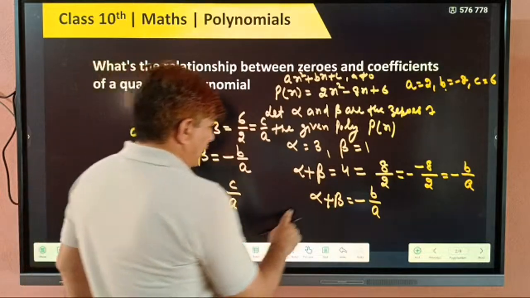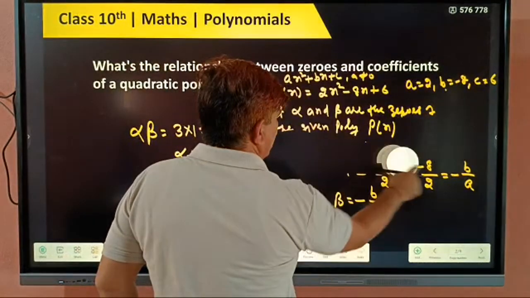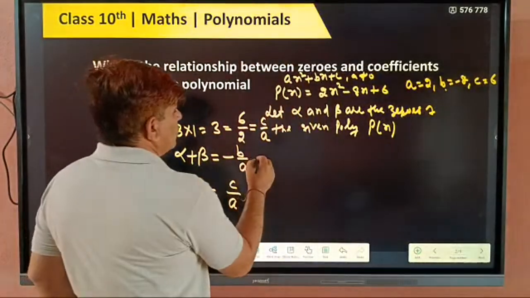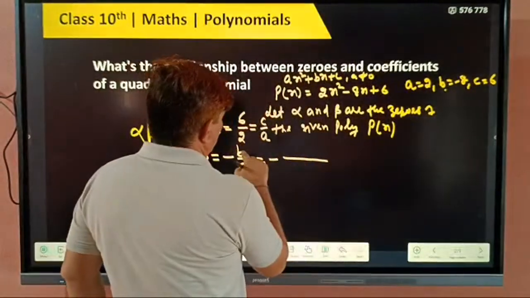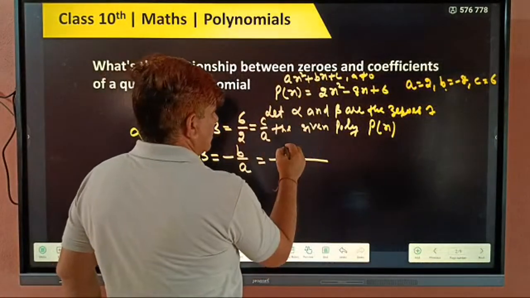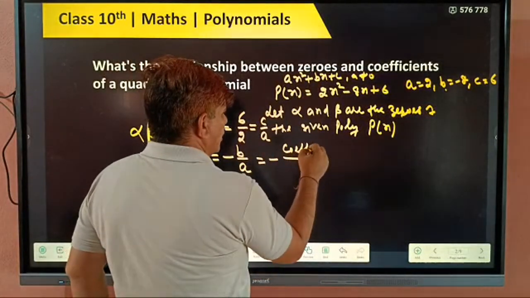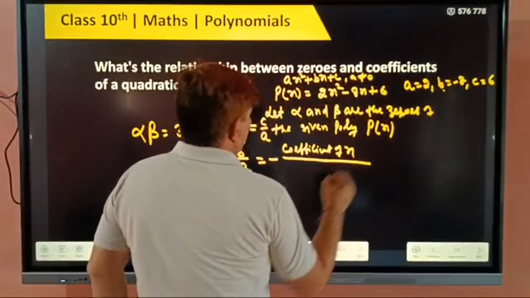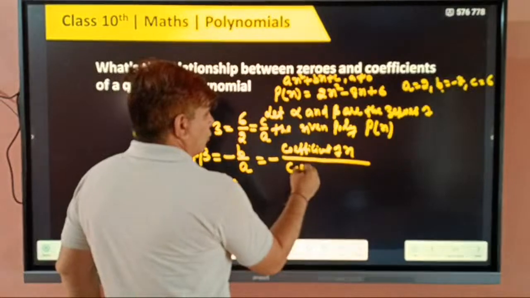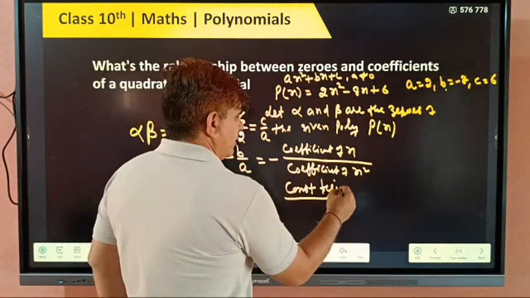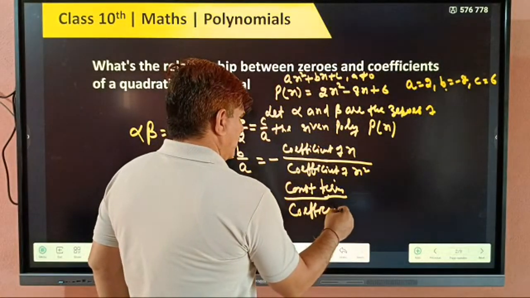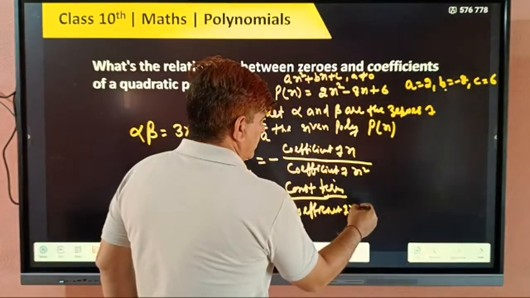This we can say in another way: minus the coefficient of x divided by the coefficient of x square.